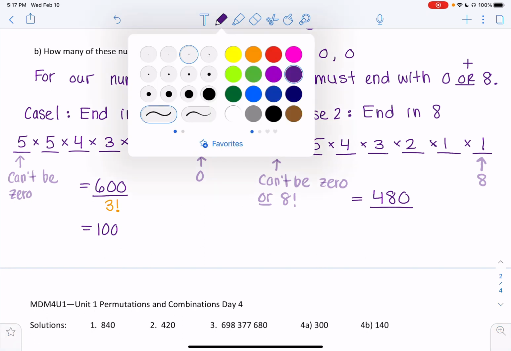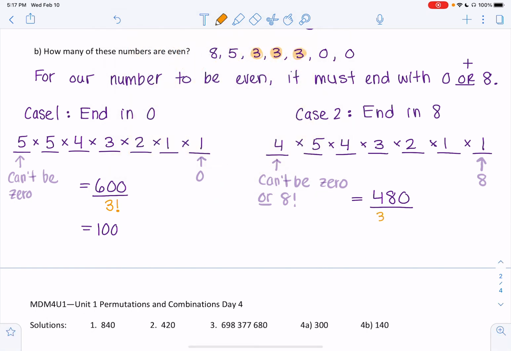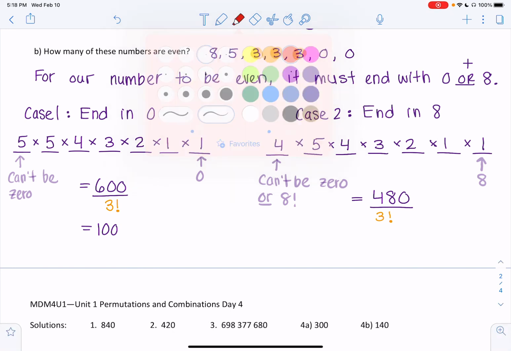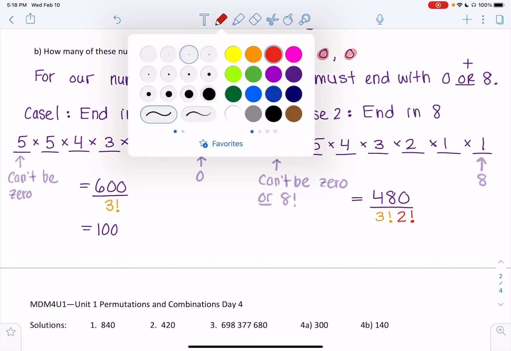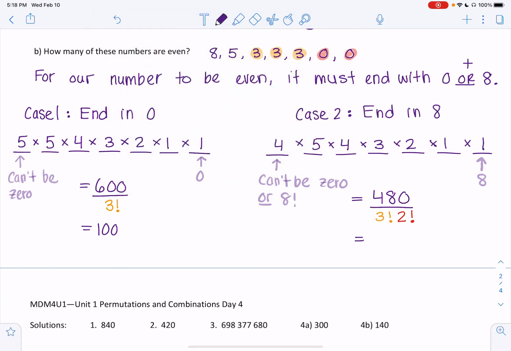Just like before, we still have our 3s, and there's 3 of them, so we divide by 3 factorial. But in this case, because we have both zeros living in that middle spot, we do need to account for 0 as an identical term. So there are 2 zeros, so we divide by 2 factorial. And when we put that in our calculator, we will get 40.